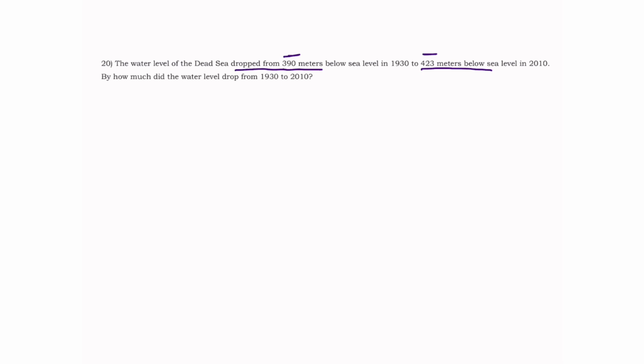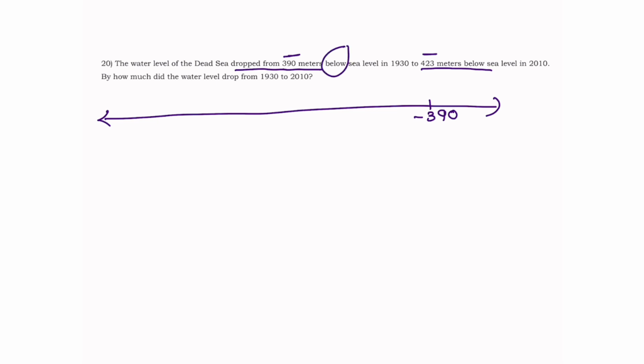So let's try to do this on a number line first. Usually we solve it and then move to the number line, right? So this time we are going to be on the number line first. It says it was at minus 390, right? Below sea level, so that's minus. Now what's the new one? It is at minus 423. So what's the difference between these two numbers?